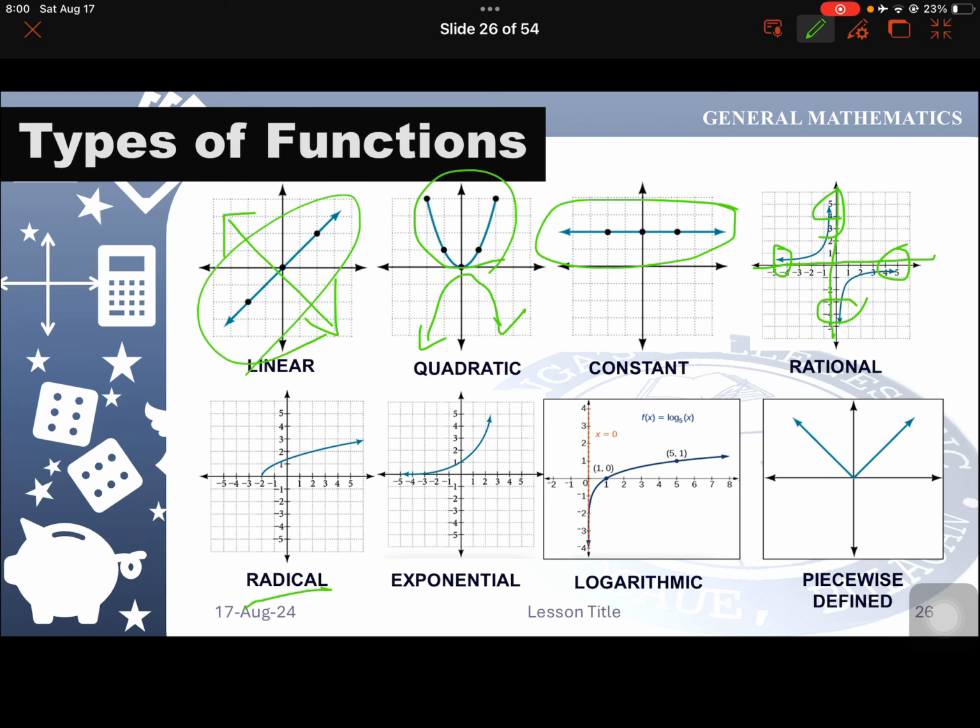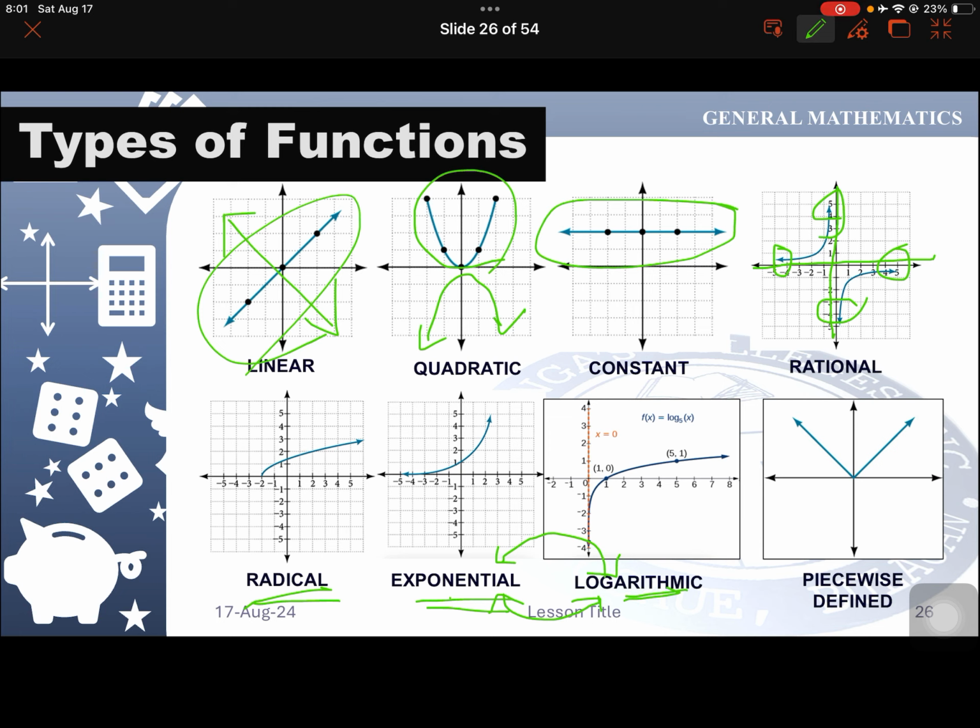Next, we have the radical function. We have the exponential function, the logarithmic function. Again, the logarithmic function is the inverse of the exponential function. And the inverse of the exponential function is, of course, the logarithmic function. And we have here the piecewise defined function.